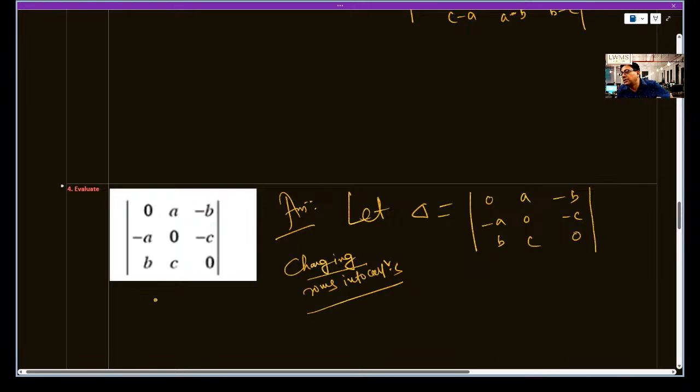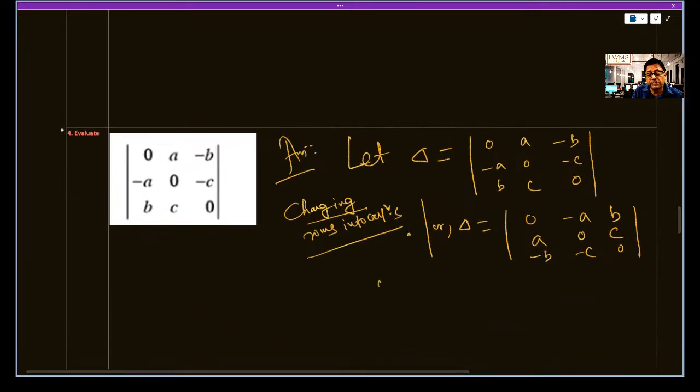What do you know about this? If you take the transpose, the value will remain the same. So delta equals 0, minus a, b; a, 0, c, isn't it? Just changing rows into columns. Check. The value will remain the same. We have claimed.